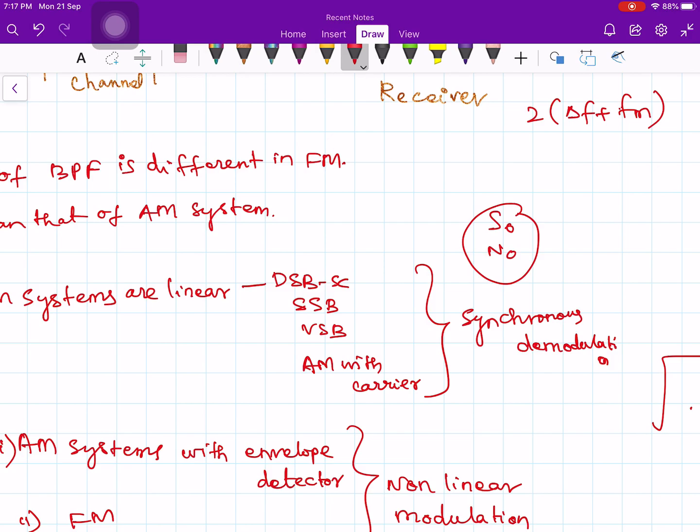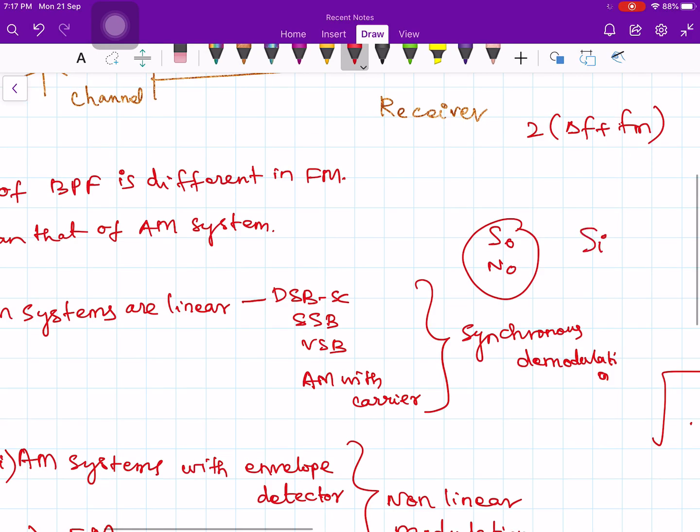Similarly I can calculate the input power SI and I can calculate the input noise power separately, and then I can take the ratio SI by NI and S0 by N0. So the linearity implies that the ratio will be just the same, but this kind of thing I cannot do anymore in FM system, because FM is not a linear system.